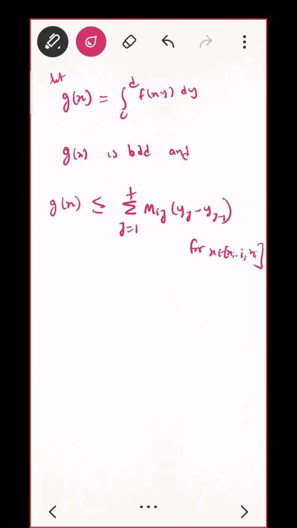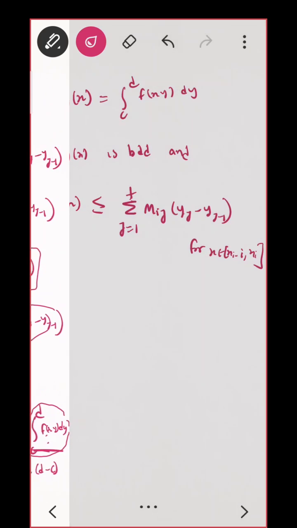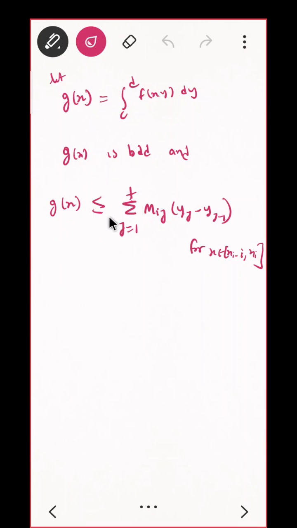Is it okay? I am considering just these two terms, these inequalities. So this is what I am having: g of x is less than or equal to this term. What next?